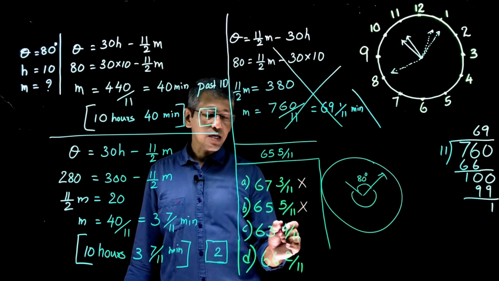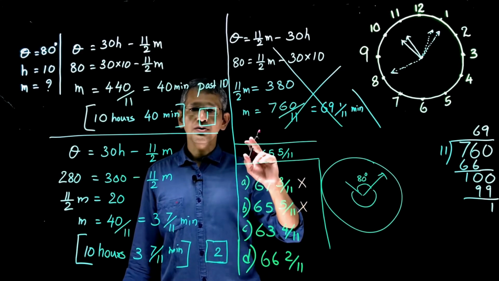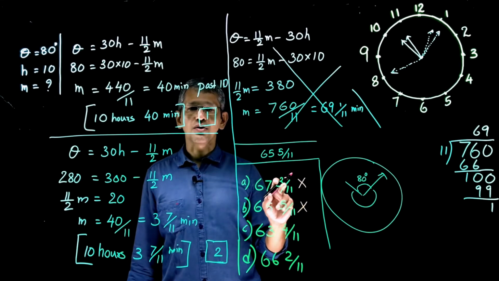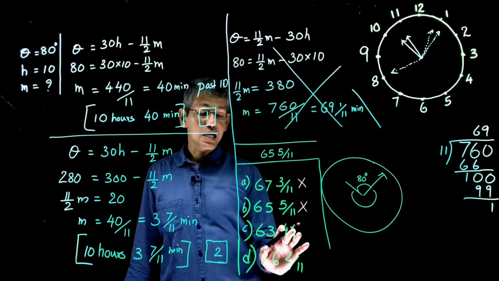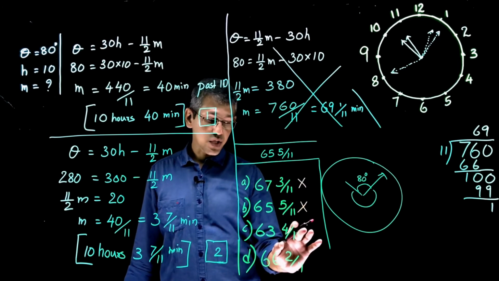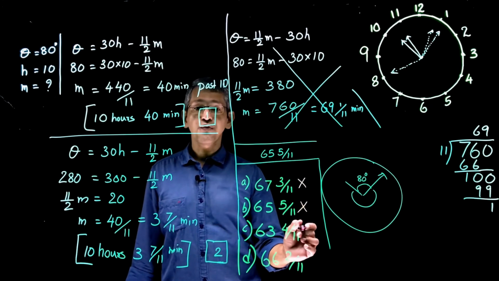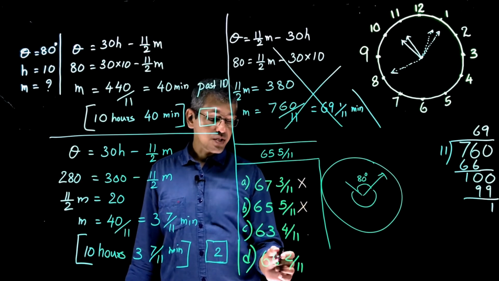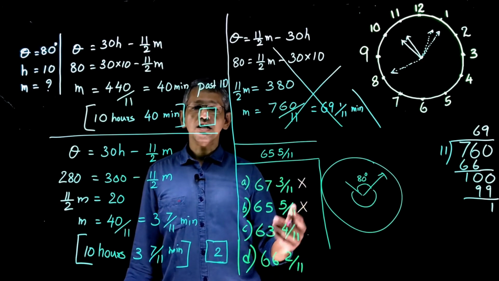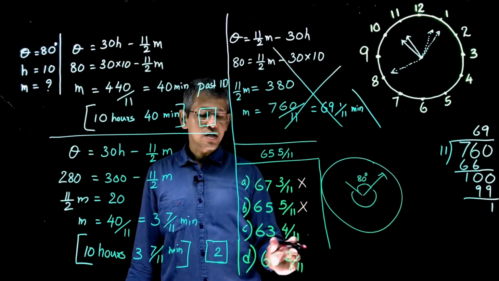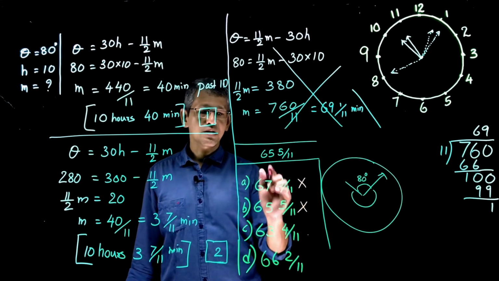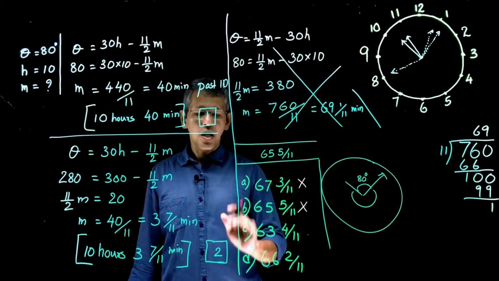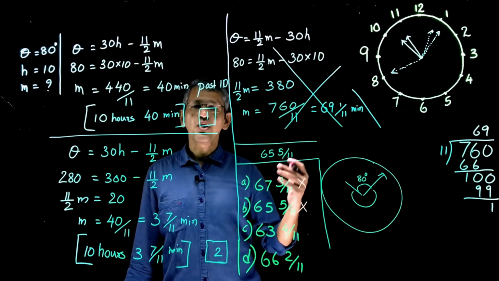And well, 63 and 4 by 11 minutes, that clock runs faster than the normal clock. So that would normally be a gaining clock. So that's a possibility. It could be an answer. But before we confirm, we'll check the last answer choice as well. So 66 and 2 by 11 means it is slower than the normal clock. 65 and 5 by 11 is the normal. So 66 means it takes more time.